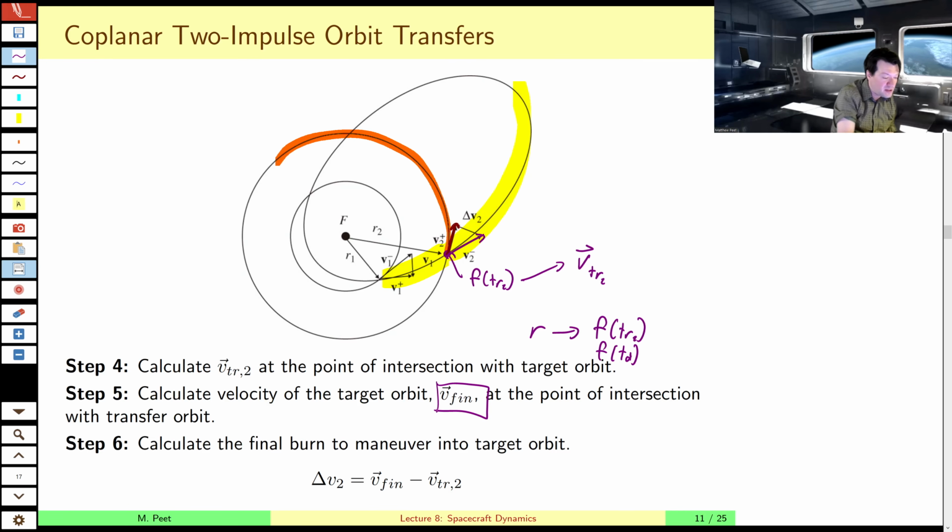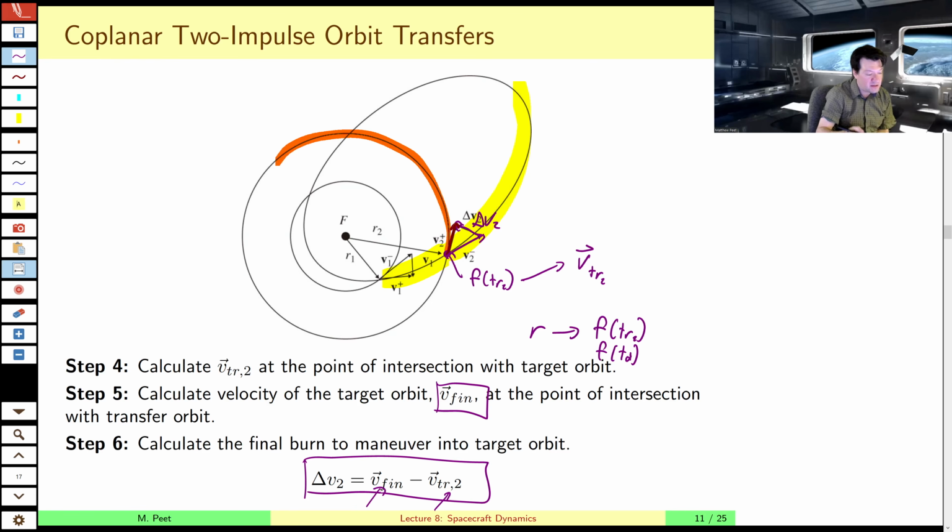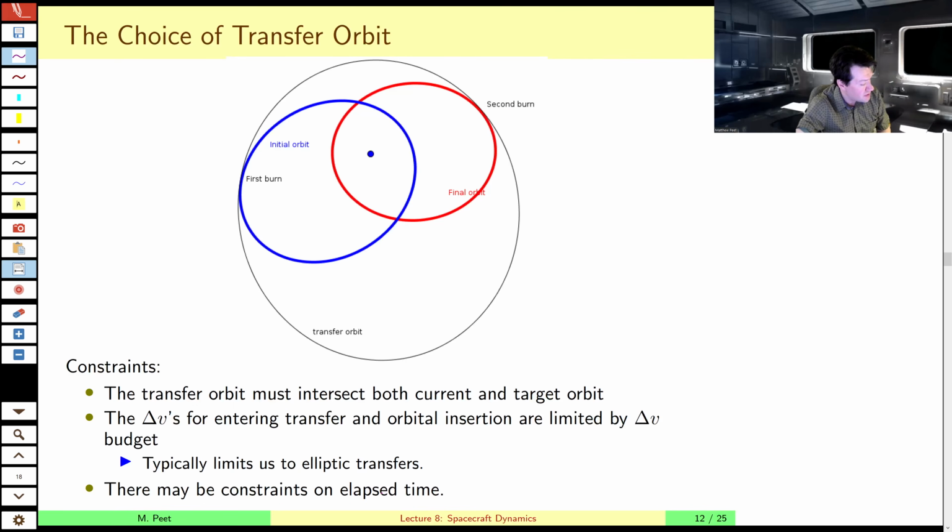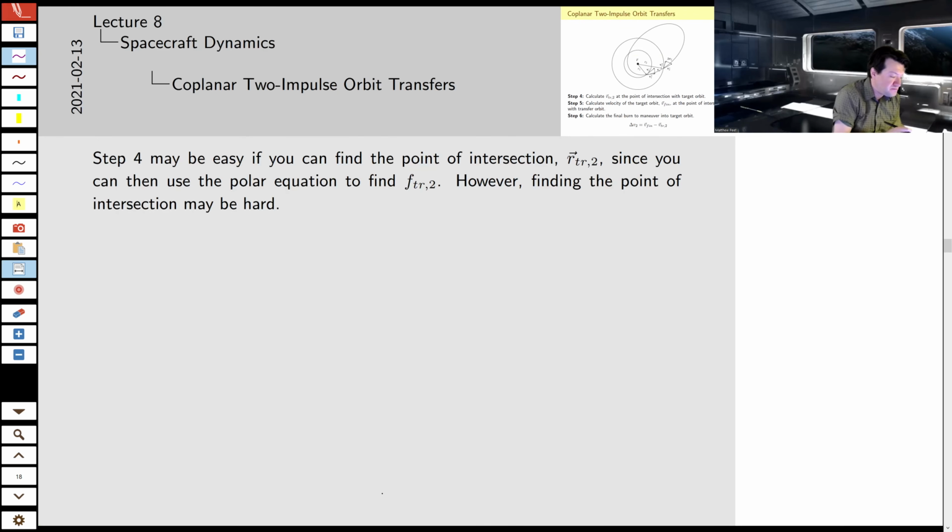And then, of course, you need to be at that desired velocity. And so the delta V maneuver 2 is just the difference in those two velocity vectors. So your second delta V burn moves you from that transfer orbit at the second point in time to the desired orbit at that same position in the orbit. So that's the sequence of steps we take to solve this problem. Generally speaking, if you have that intersection point, it's relatively easy to calculate these true anomalies. If you don't, however, it's a little bit more complicated.